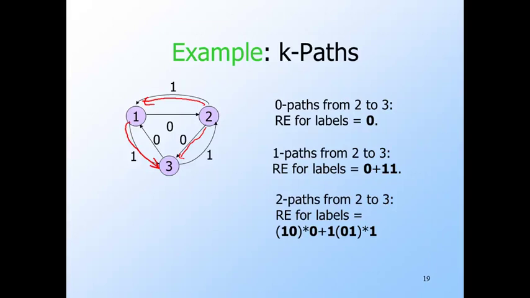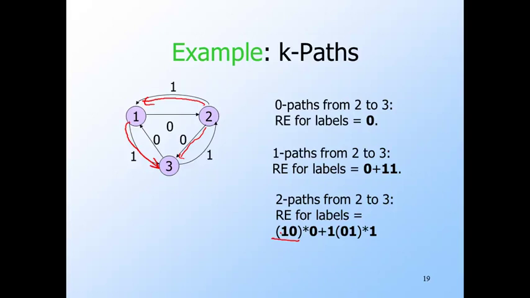Thus, from state 2, we can go to state 1 and back to 2, 0 or more times. The labels along each such path is 10, so (10)* describes the labels we traverse by following this path any number of times, including 0 times.